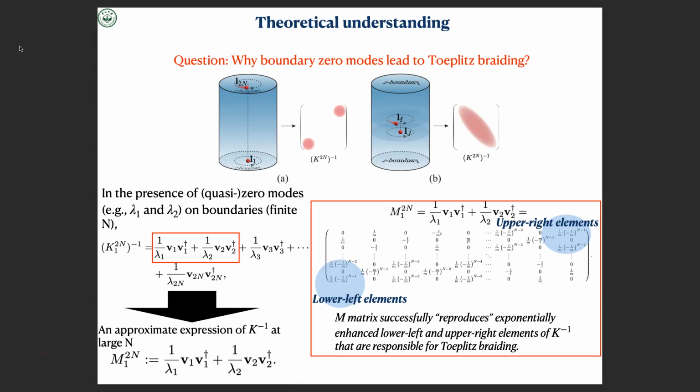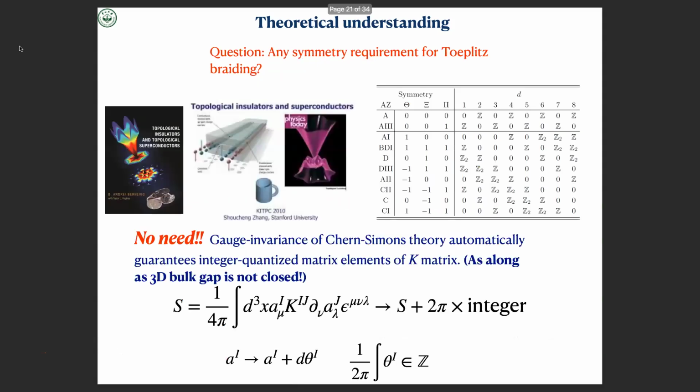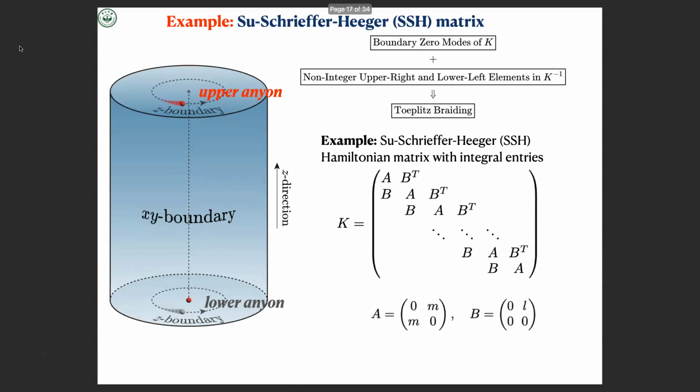It is translation invariant: the identity is just a diagonal matrix with the same entry everywhere. I'm just adding some identity matrix to the K matrix. This identity matrix may be regarded as a chemical potential shift or something like that.